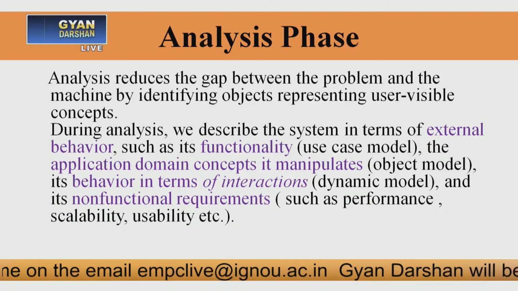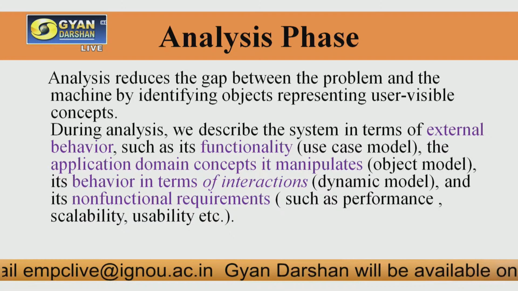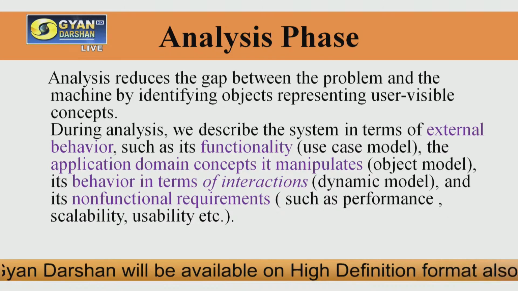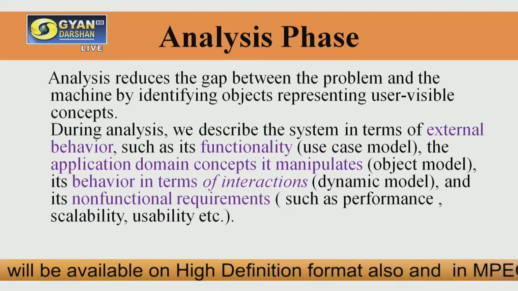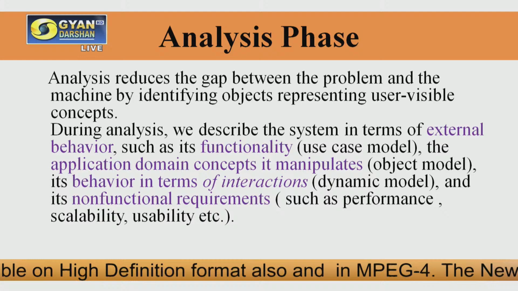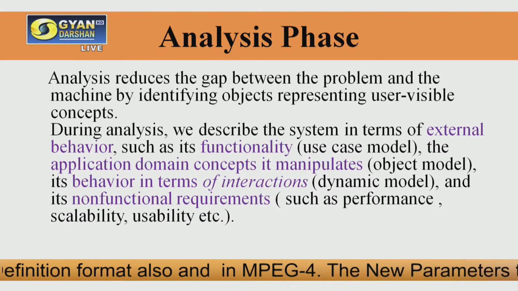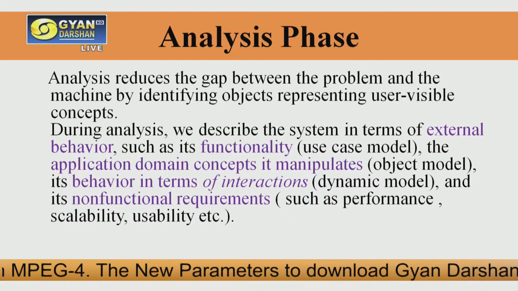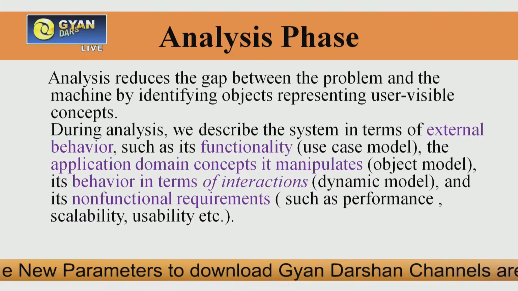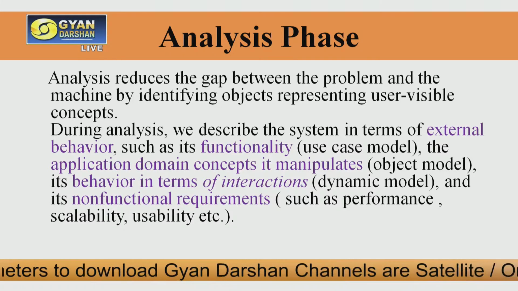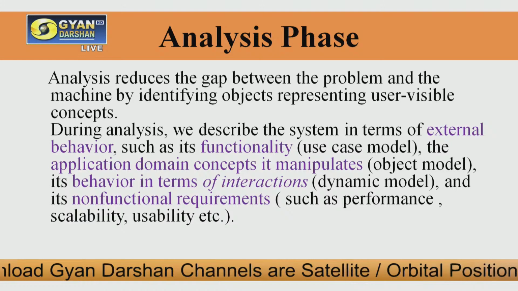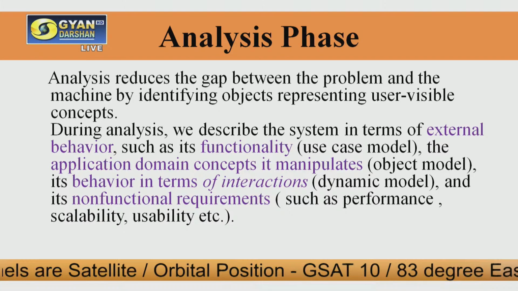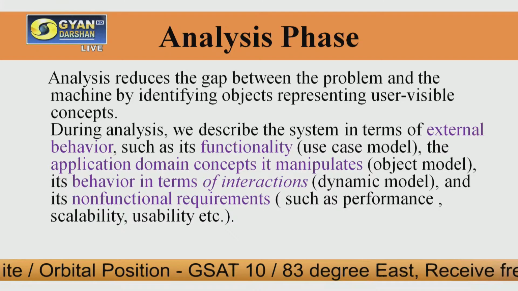So in application domain concepts you have to see how these different entities or different objects are participating, what the behavior of those objects is, how those objects are related with each other, and how by combining those different entities we are in a position to perform the operations which are expected by that particular system.